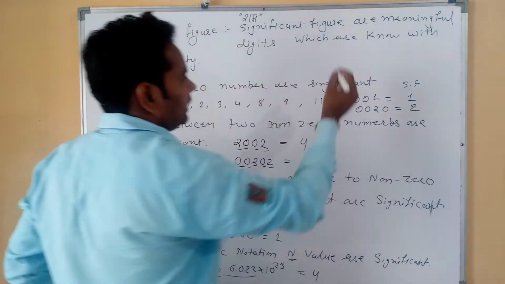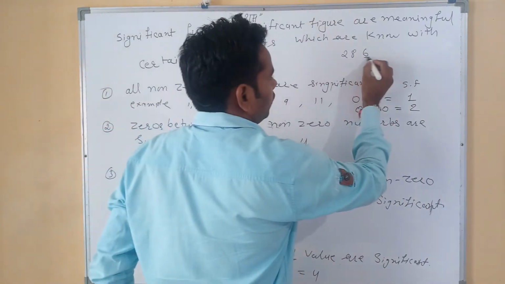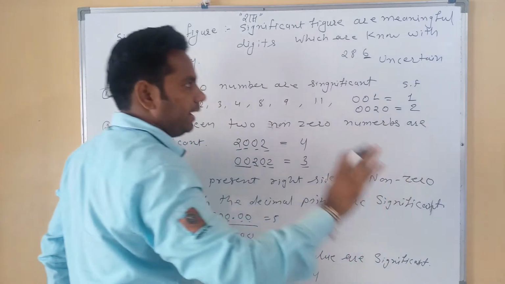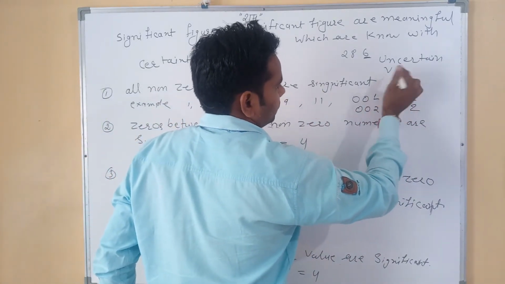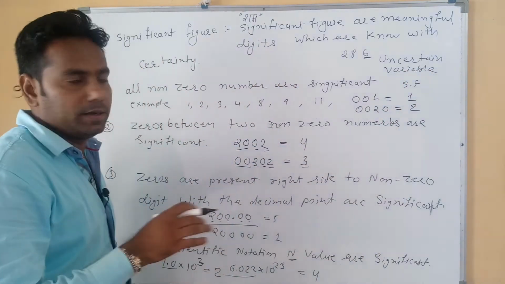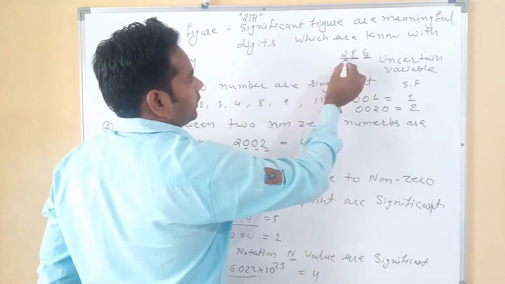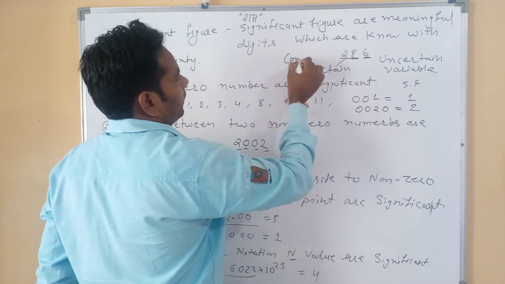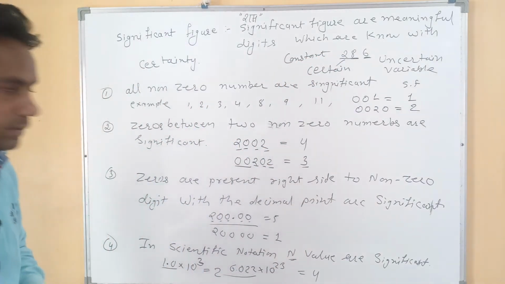If I mention here 286, so this last value is uncertain and its variable. The remaining numbers are certain, it means they are constant numbers.